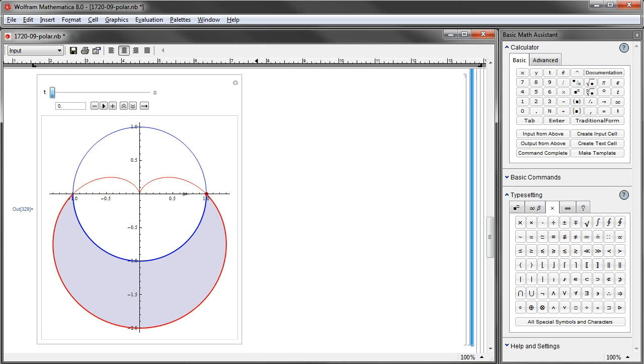That's not what we want. The shaded region is the third and fourth quadrants down here. So we start from t equals pi and increase all the way to 2 pi. We want pi to 2 pi to sweep through the shaded region.